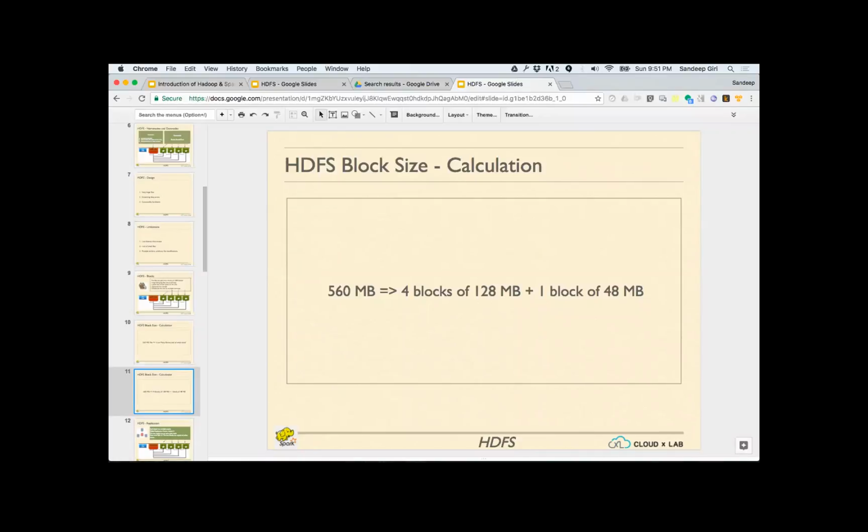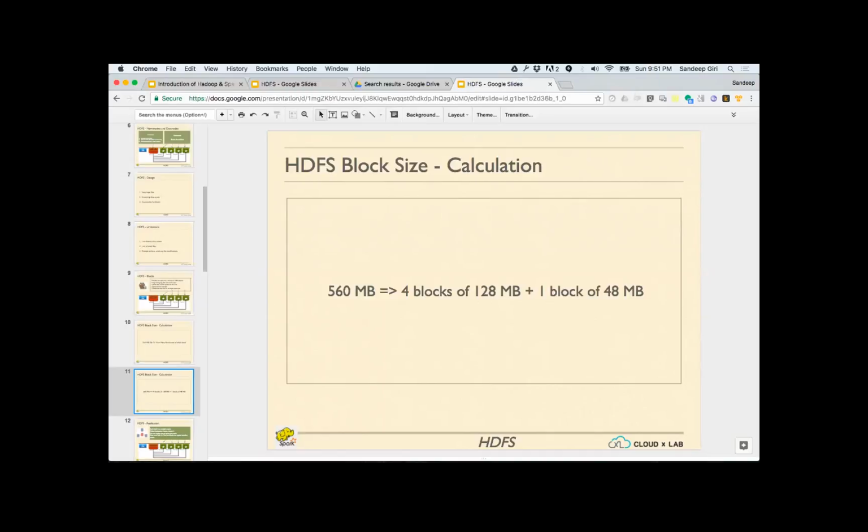A very good question from Sunny: will the OS try to store the block in contiguous blocks on the disk? Now the question is, how is this block stored on every data node?